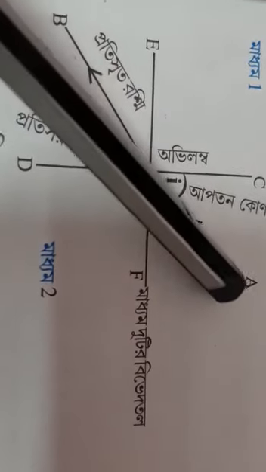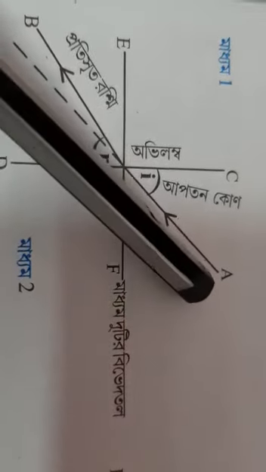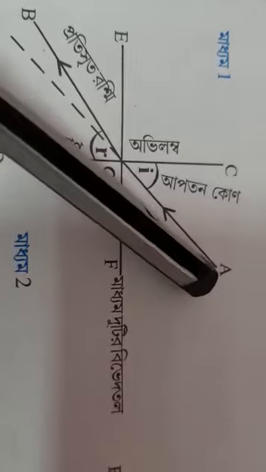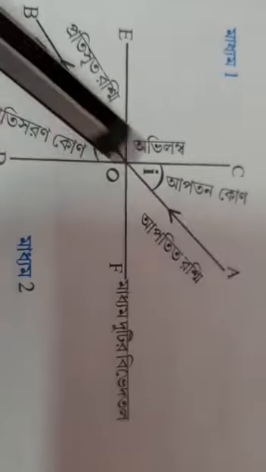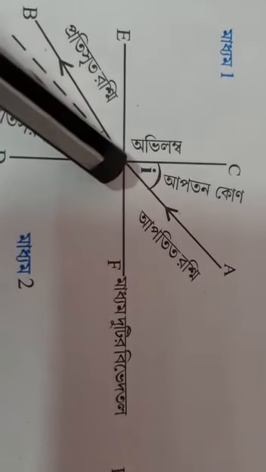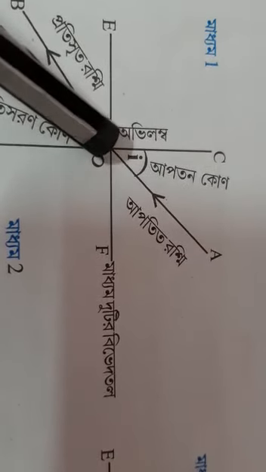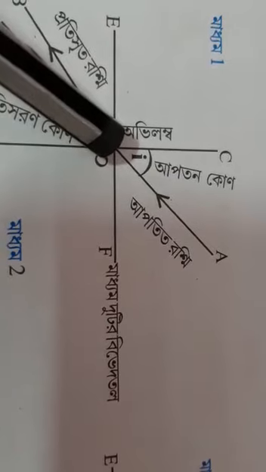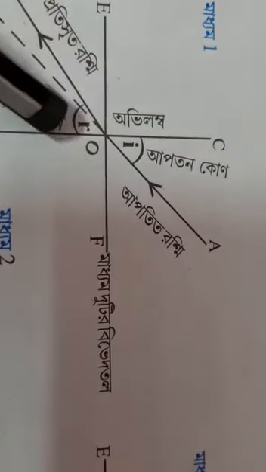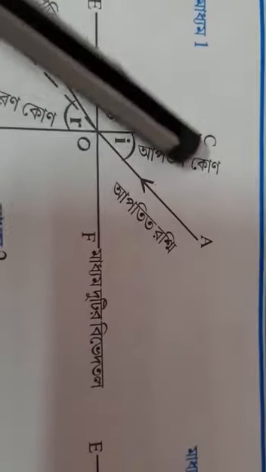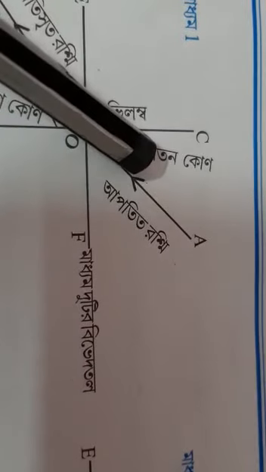And we knew from the rules of reflection that this incident light forms an angle with this on this point of incidence. If a normal is drawn, it forms an angle with that normal.